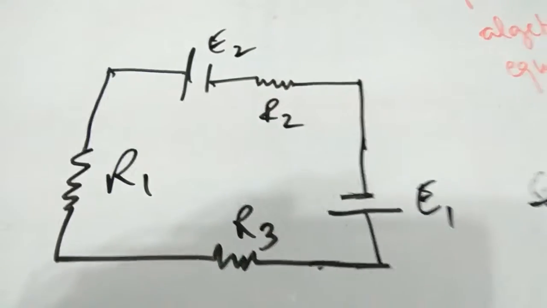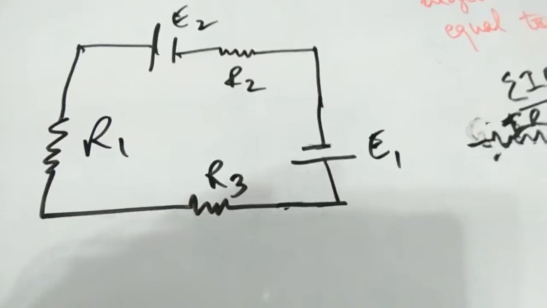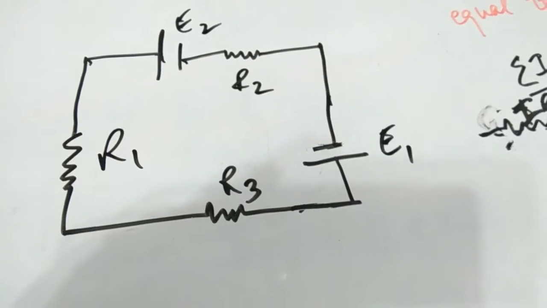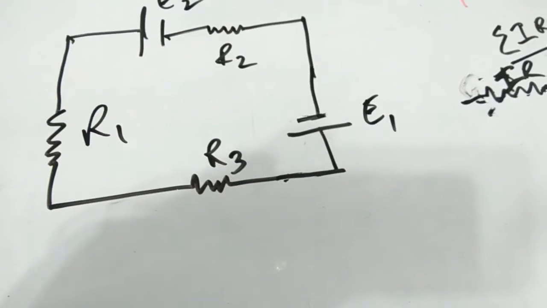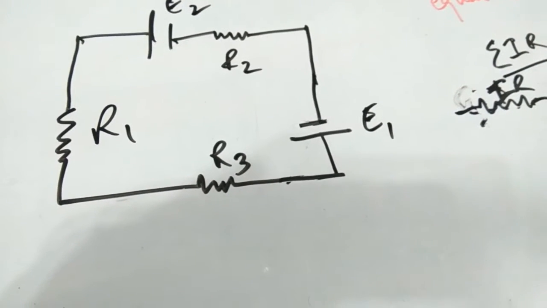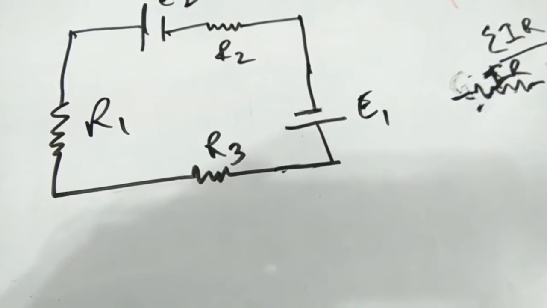So the sign convention is that if the direction of tracing is the same as that of the conventional current flow, then the potential difference across the resistances is considered as negative.